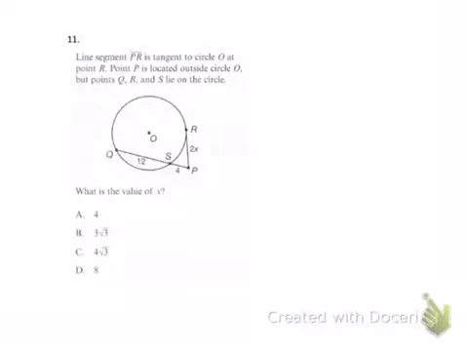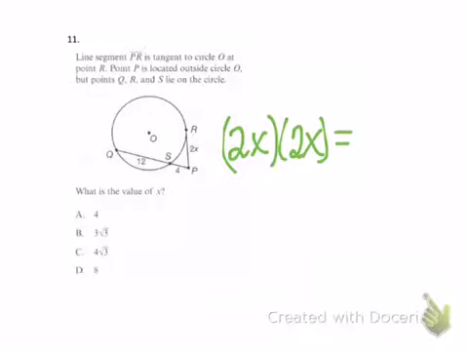Number 11, line segment PR is a tangent to the circle O at point R. Point P is located outside the circle O, but points Q, R, and S lie on the circle. What is the value of x? So I have to use the secant-tangent theorem, which says the tangent, which is 2x, times its exterior part, which is also 2x, is going to be equal to the other secant from Q to P. I have to add those to get 16.